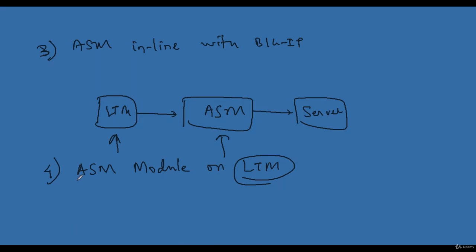So you just purchase an ASM license and add it on the same box. In this manner, organizations can make use of existing features as well as add the security features related to ASM on a single appliance.